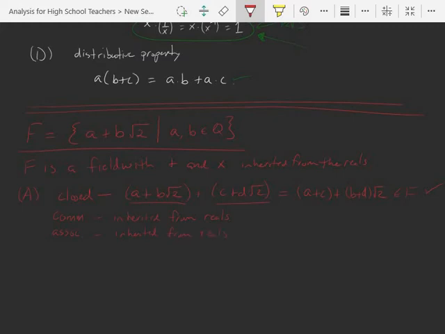Okay, what about identities? 0 is equal to 0 plus 0 square roots of 2, which is in the field. And this is our identity.